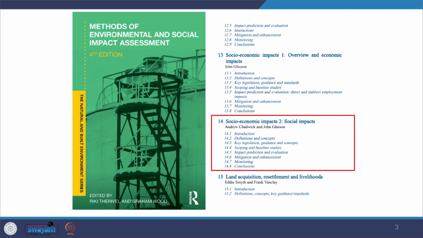Today we are going to look at various aspects of social impacts related with the project and the EIA. Our key reference for this is chapter 14, which deals with socioeconomic impact, part 2, in the course book by Therivel and Wood.